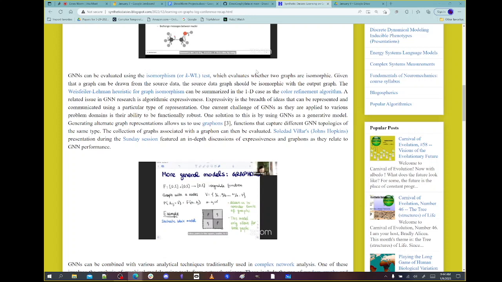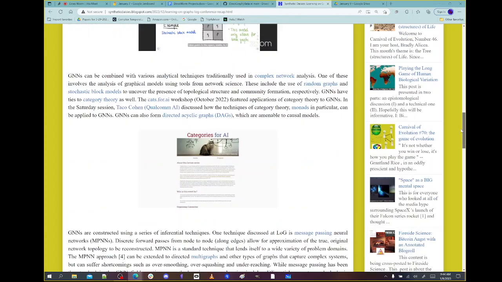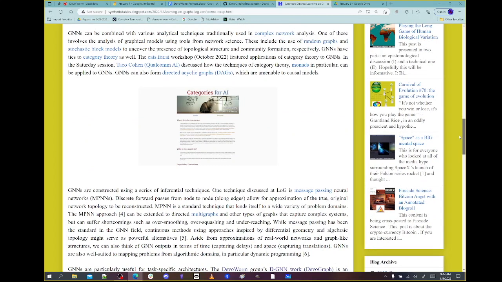That actually brings up an interesting point with GNNs, because they do this thing called message passing, a technique they use to build the network. They have a series of inferential techniques to build these networks, because in the real world you have features in an image or something like that, and there's a graph structure, but you have to discover it, because you have to train the network.